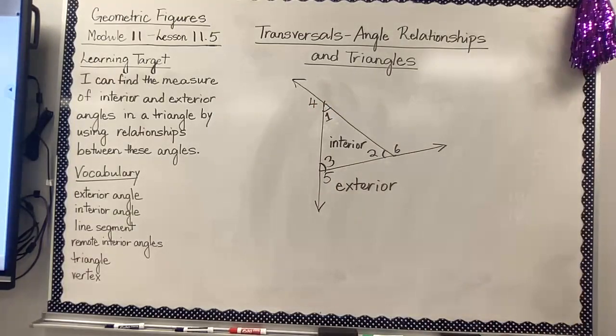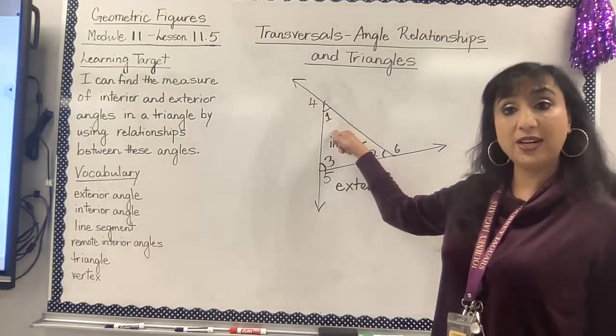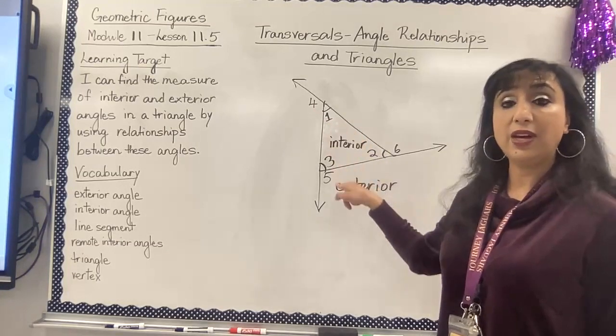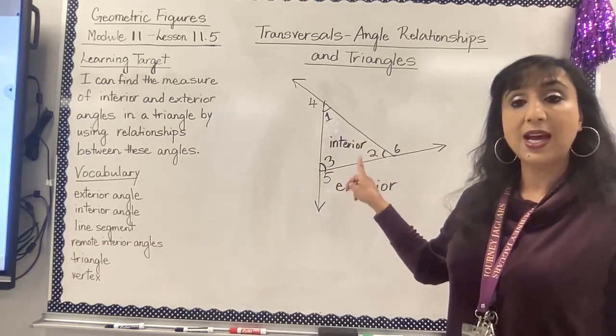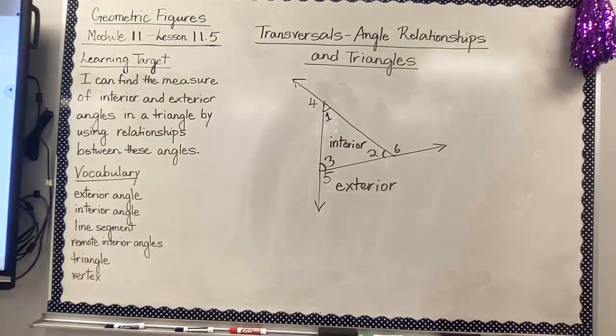Okay, so angle 4 and angle 1 are going to form 180 degrees. That's what I'm saying. Angle 3 and 5 are forming 180 degrees. Angle 2 and angle 6 are going to be forming 180 degrees. Okay. Now, each exterior angle of the triangle has two remote interior angles that are not adjacent to the exterior angle.